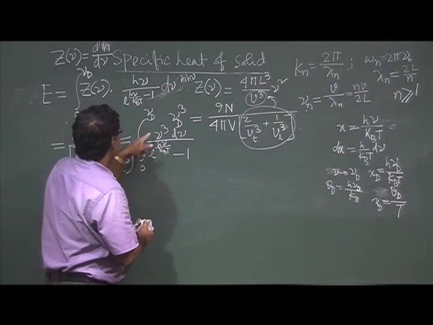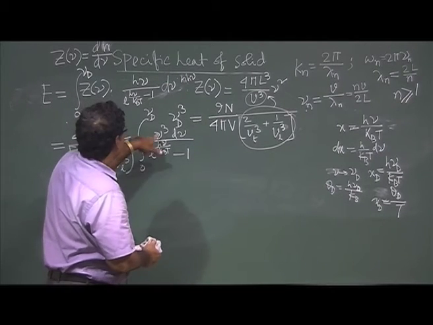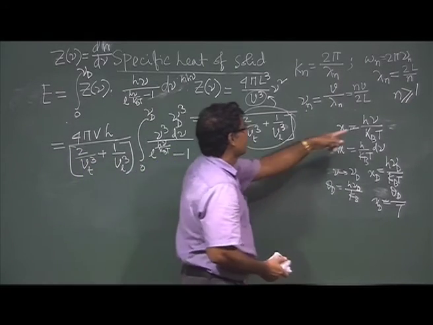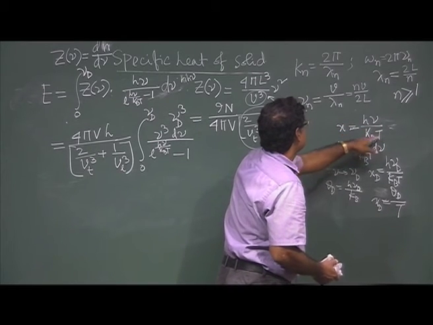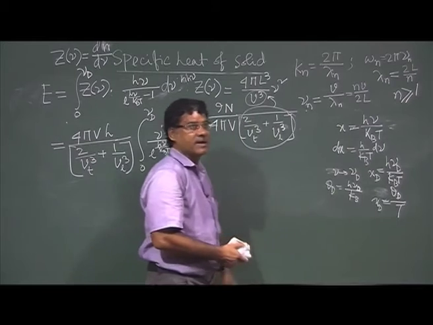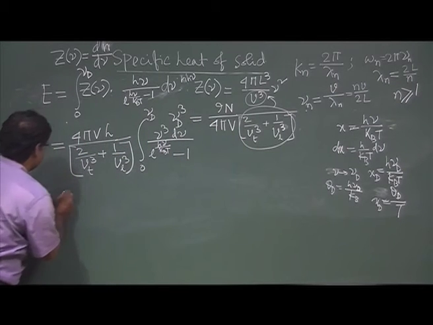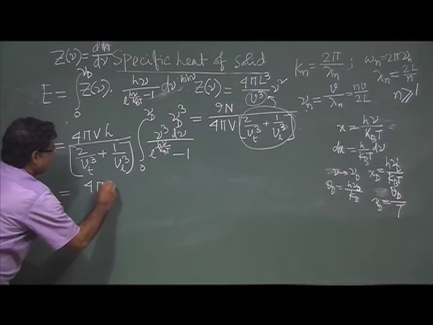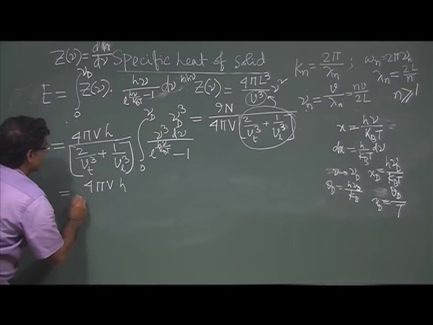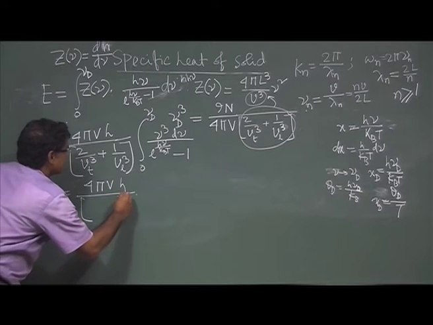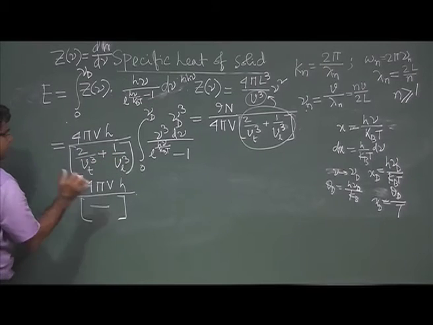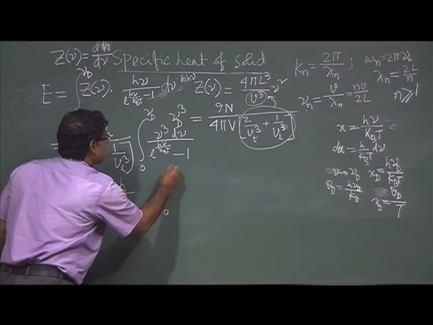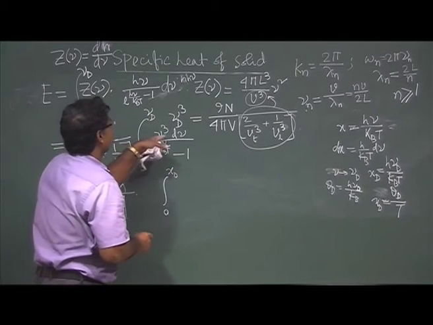So here, your nu cube: nu is k_B T by h x, so I can write 4 pi V h by this term by this term, then the integral from 0 to x_D. Now nu I will replace by x.